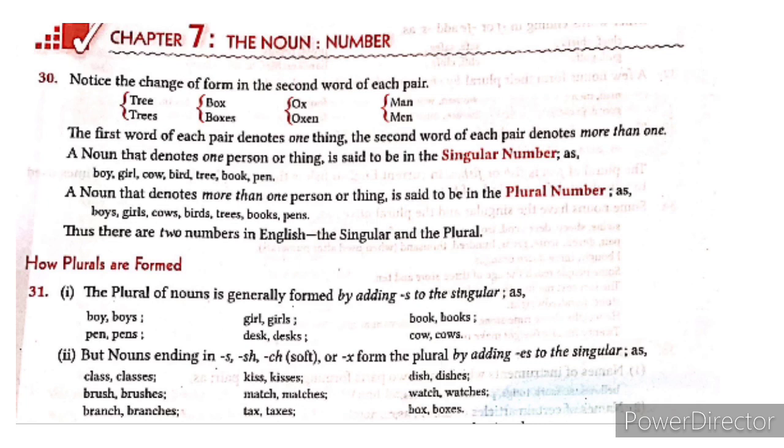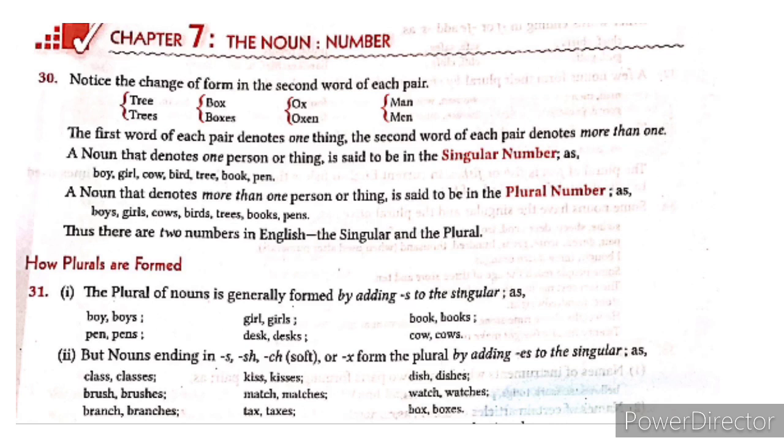If I say class, then what will be the plural noun for it? Classes. If class is a singular noun, if I want to make it plural, I will add es to it. Why? Because at the end of that singular noun it is ending with s.